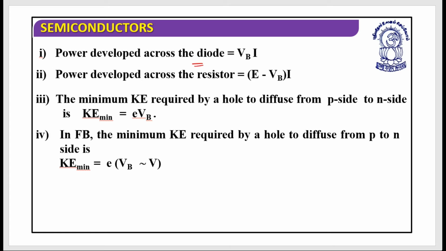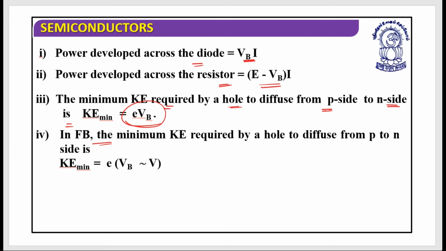The power developed across the diode is VB into I. The power developed across the resistance is (E minus VB) into I. The minimum kinetic energy required by a hole to diffuse from the P side to the N side is E into VB.